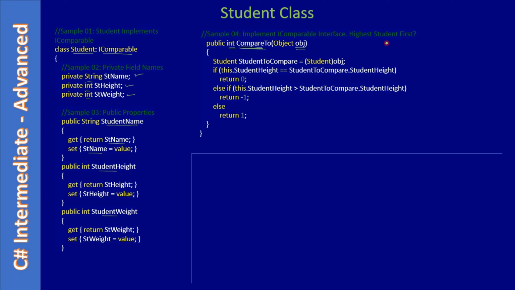So CompareTo method requires 2 objects, that means 2 student instances, let's say instance 1 and instance 2. So instance 1 is fixed. Collection class will first take 1 entry and make it fixed.